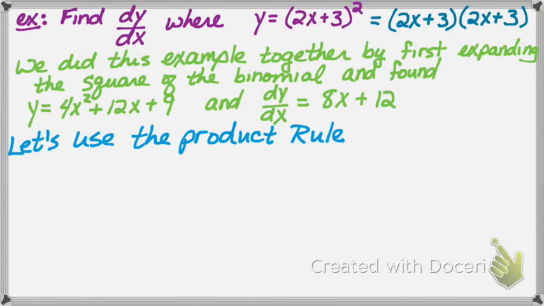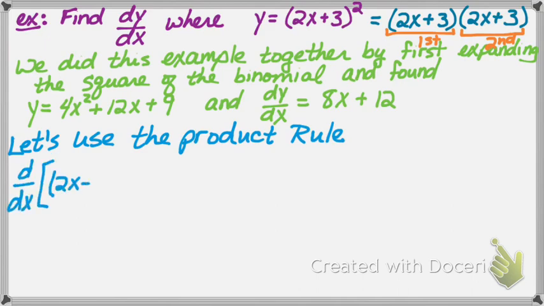And I refer to these as the first and the second. And yes, in this case, they are exactly the same. But when we are taking the derivative of a product, we take the derivative of the first times the second plus the derivative of the second times the first.